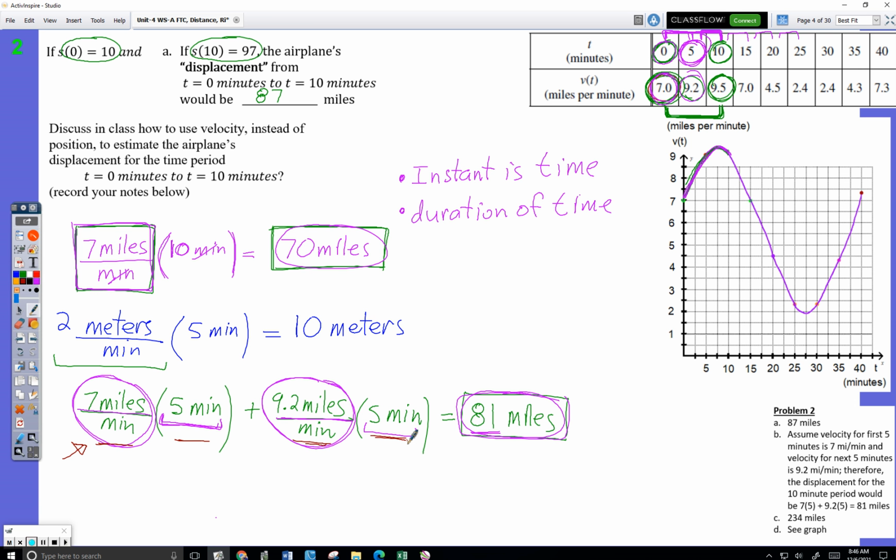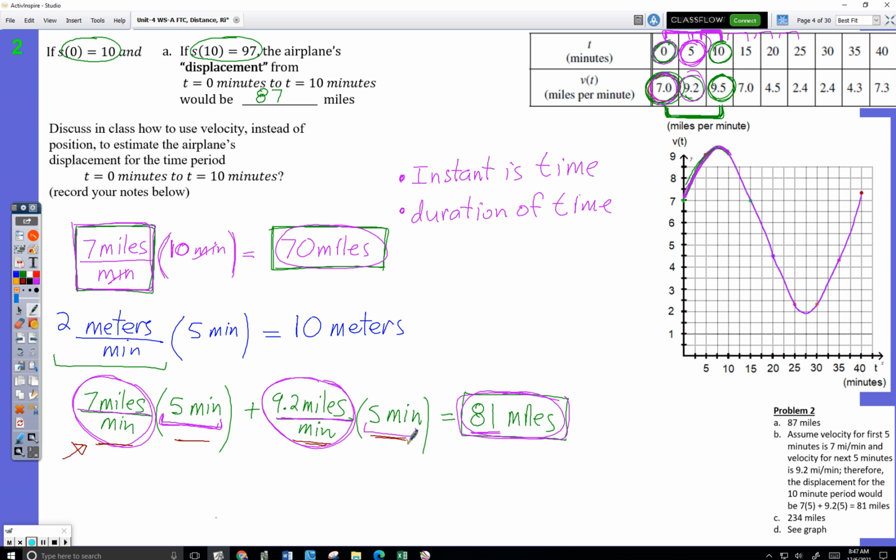That's integration. All they're going to change on you is they're going to give different stories and talk about different rates. Like I've seen stories that talk about the rate at which the temperature is changing. So instead of miles per minute, it's degrees per second. But it's not different mathematically, it's just a different story.